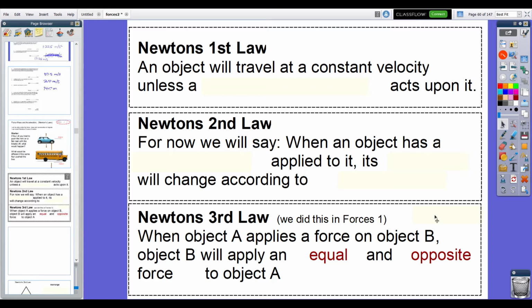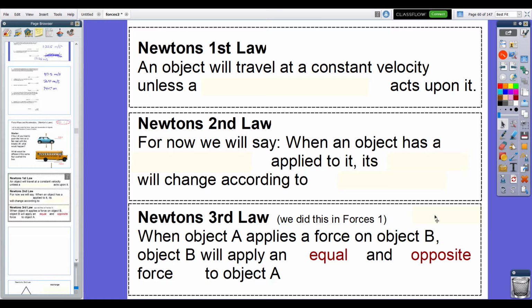A good example of this is a gun firing a bullet. As the bullet comes out of the gun, why is it coming out? Because it's had a big force applied to it from the explosion, and so the bullet flies forward. And what will happen to the gun? Well, the gun will receive an equal but opposite force and recoil back.